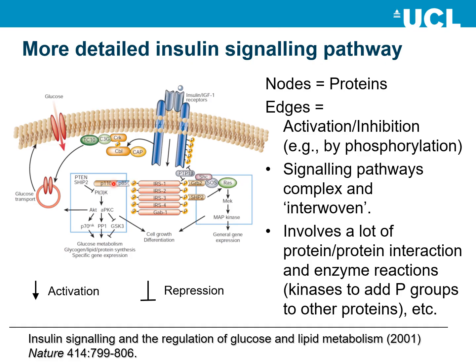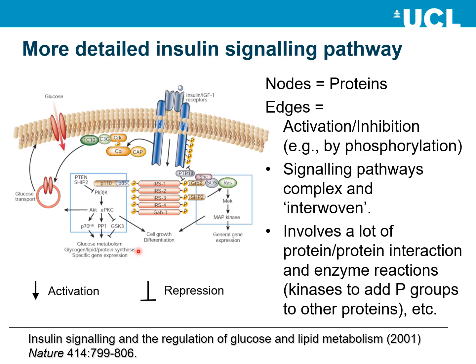This phosphorylation also causes this pathway involving phosphatidylinositol 3 kinase to be activated. Both of these lead to cell growth, and these lead to glucose metabolism, glycogen and lipid synthesis.